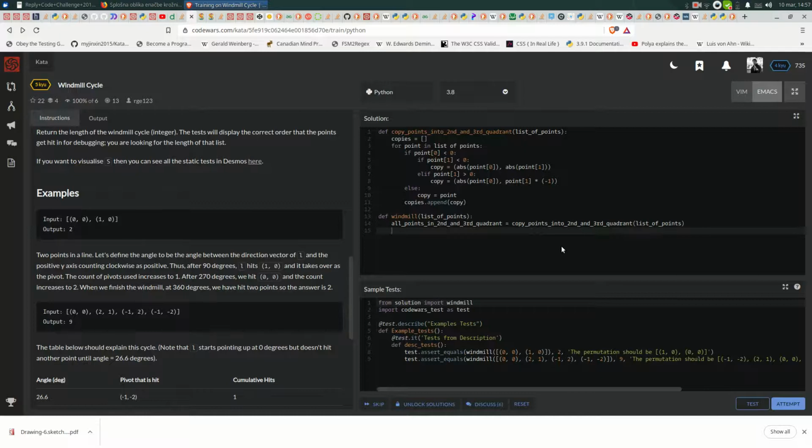Alright, so now that all are in the second and third, now we say here we return dictionary of points and angles is get angles with all points in second and third quadrant.